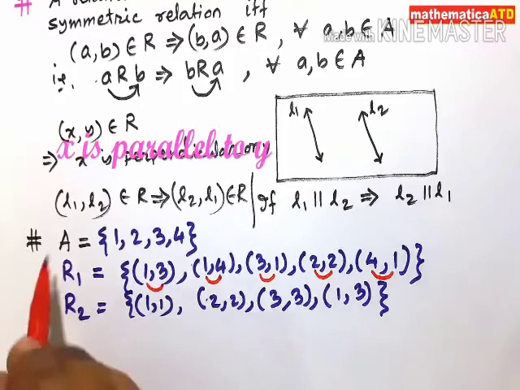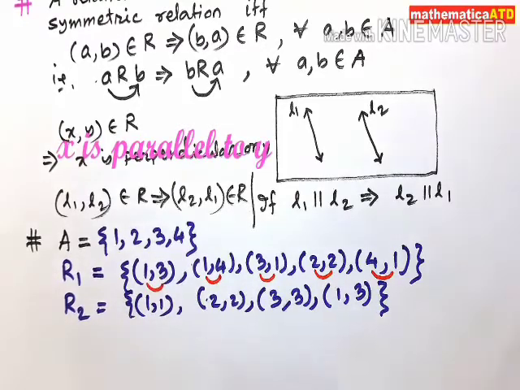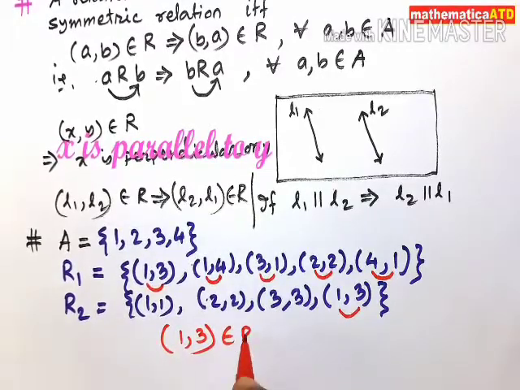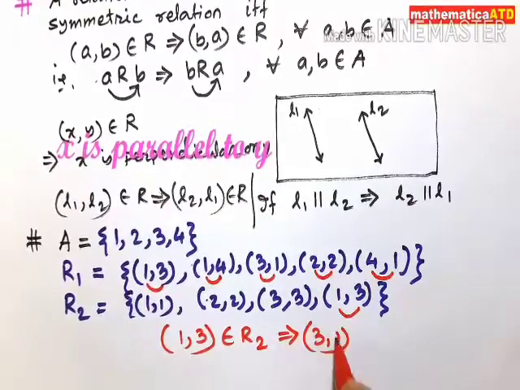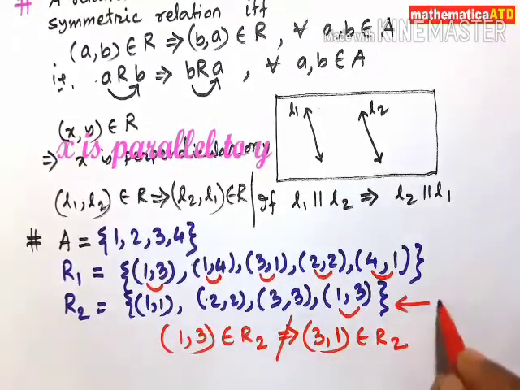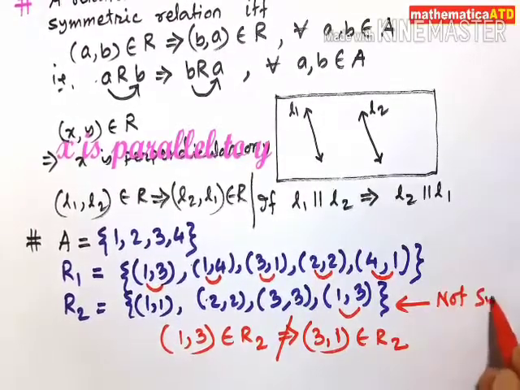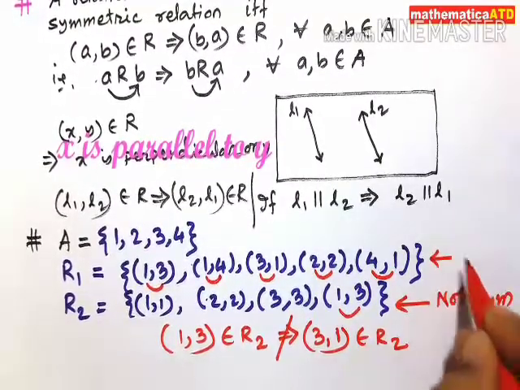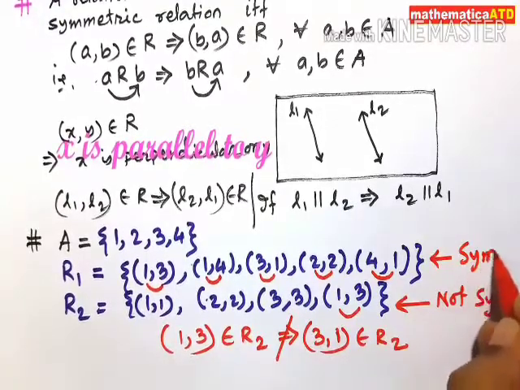This is an example of a symmetric relation. But here (1, 3) belongs to R2, and it does not imply that (3, 1) also belongs to R2. For this reason R2 is not symmetric, but R1 is symmetric.